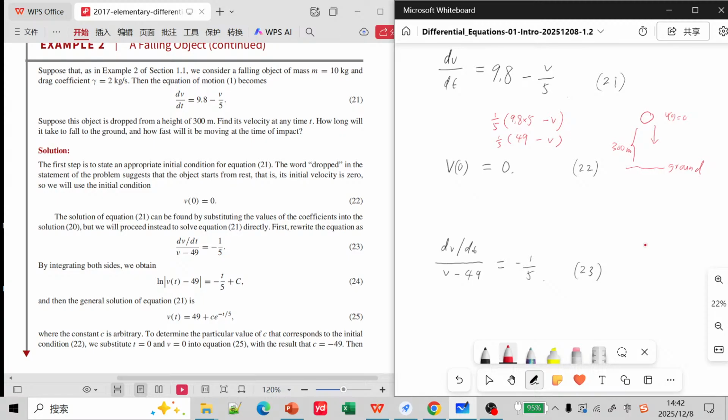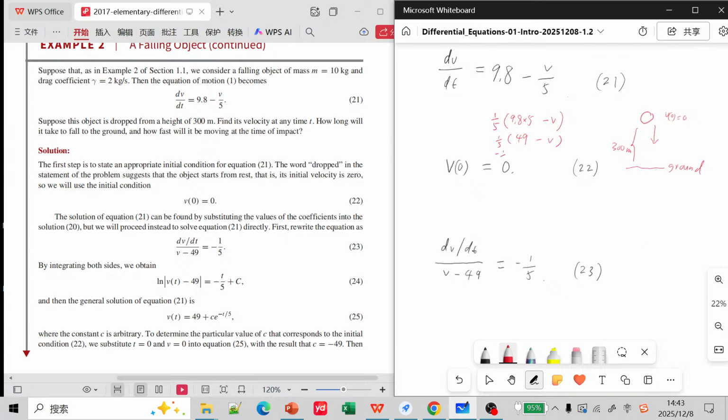And then in order to put the variable v into the left hand side of this equation, we just divide it by 49 minus v. But if we do another transformation, we let the v be in the first order and 49 in the second order, we just give it a minus sign.